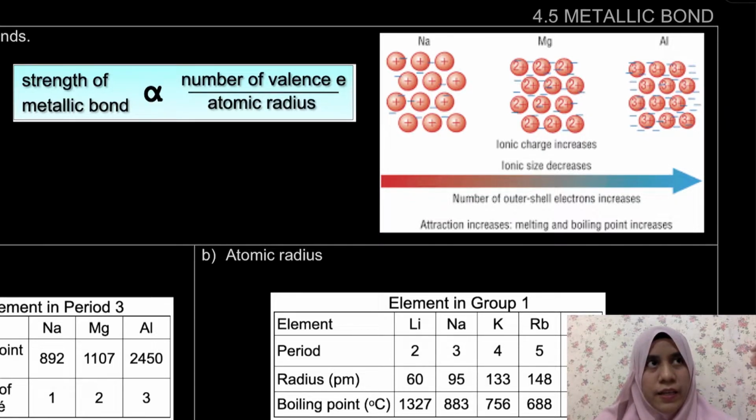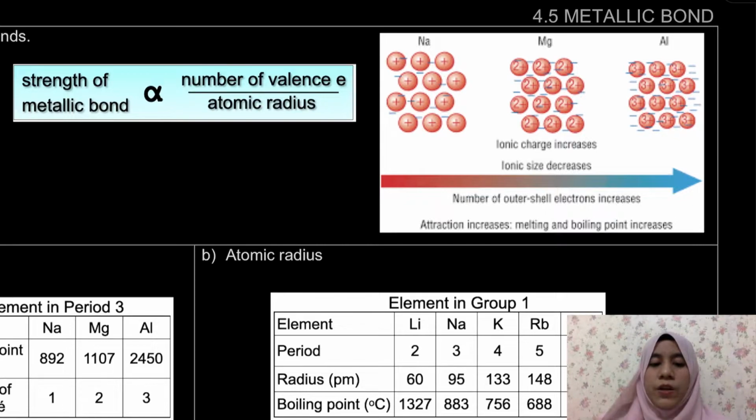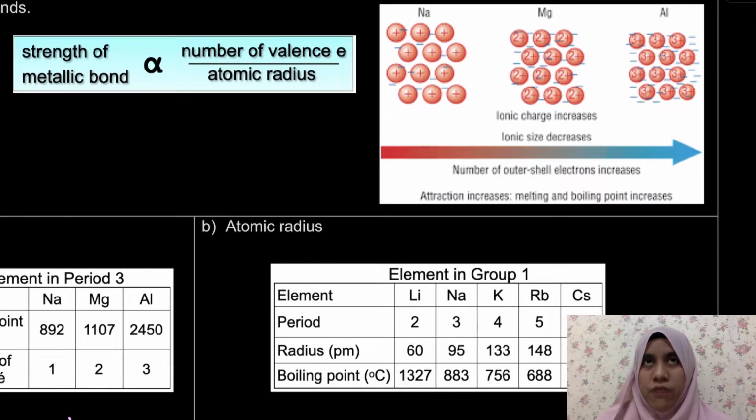It has a higher positively charged ion, and it has a higher number of electron. Okay, so that's why lah dekat sini, bila lagi banyak valence electron, lagi tinggilah kita punya force of attraction. So, positif dengan negatively charged tu, dia banyak lah kiranya. So, that's why lah. Okay, so that's in terms of the case of valence electron.